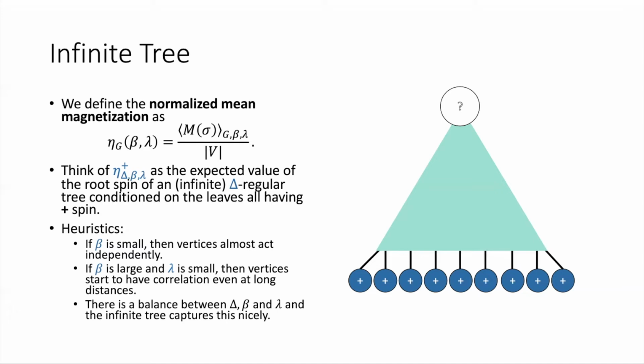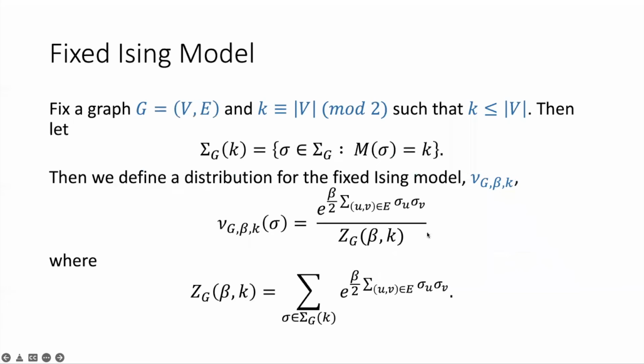Heuristically, if our beta parameter, our inverse temperature, is really small, then you can kind of reason that all vertices act more or less independently. They don't really care about beta or e to the beta. That's going to be a small factor. In this case, where lambda is fixed, all the cuts will happen with probability that's pretty close to each other because beta is so small.